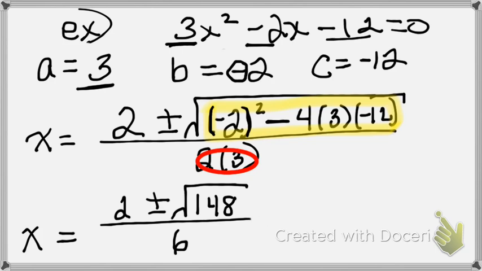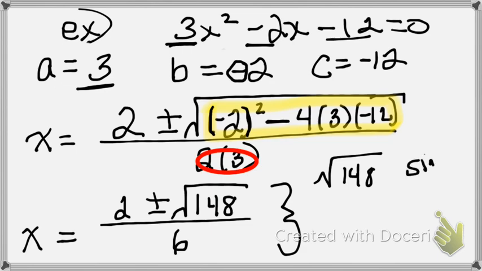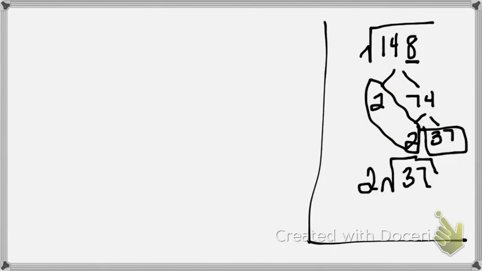All right? Now, after I get to this step, I need to check to see if the square root of 148 simplifies. Does this simplify? Now, what am I asking when I say simplify? What I'm asking is for you to break down 148, as seen right here, and see, are there any pairs, which we call perfect pairs of numbers, that we can take out of 148.